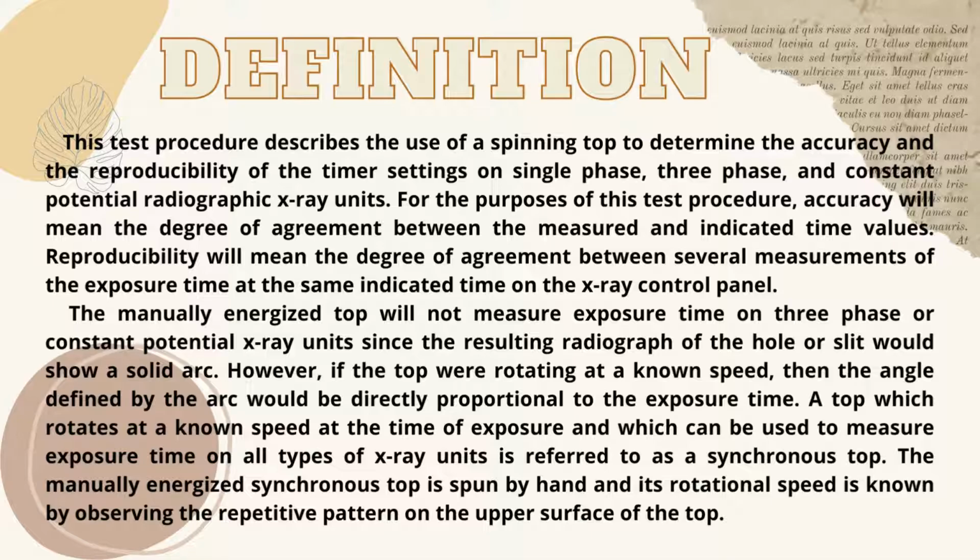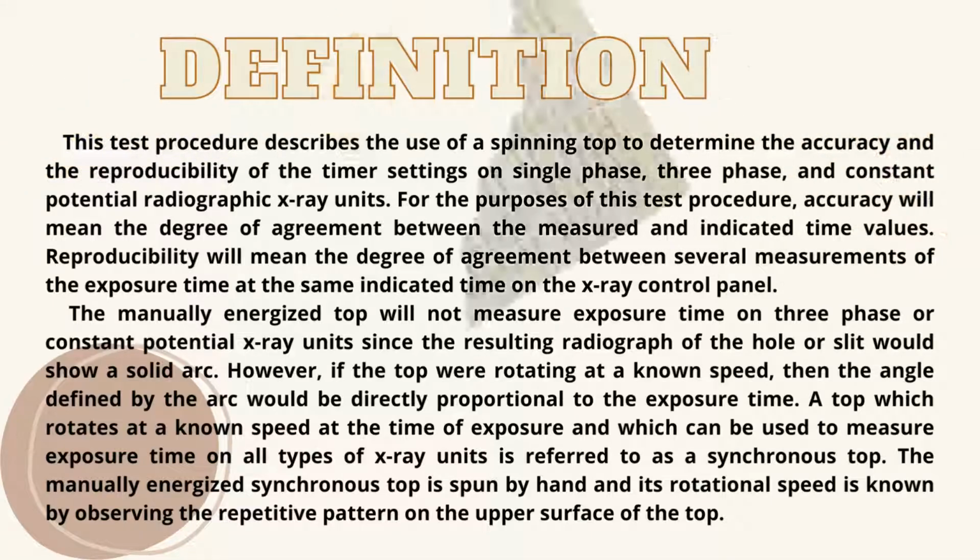A top which rotates at constant speed at the time of exposure and which can be used to measure exposure time on all types of X-ray units is referred to as a synchronous top. The manually energized synchronous top is spun by hand and its rotational speed is known by observing the repetitive pattern on the upper surface of the top.